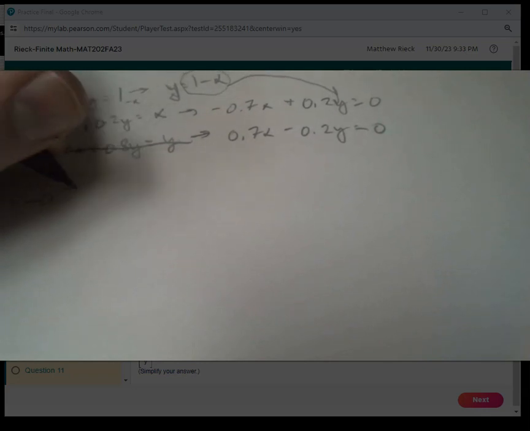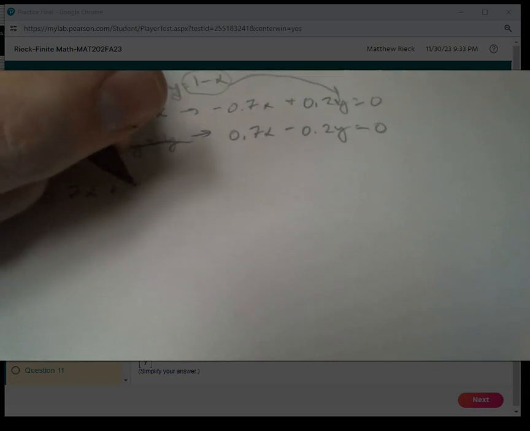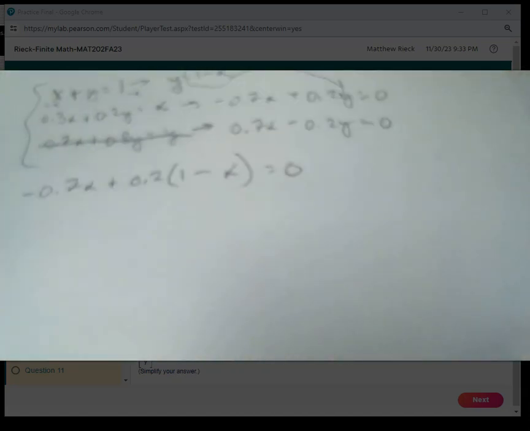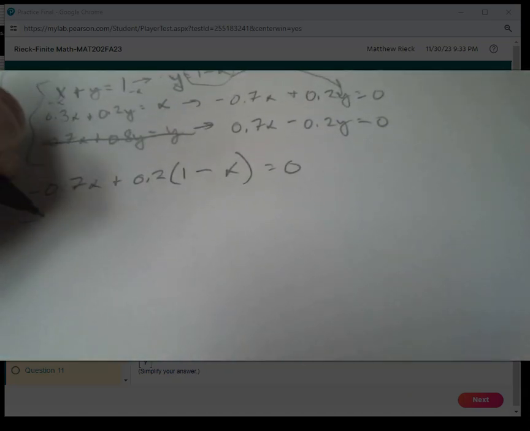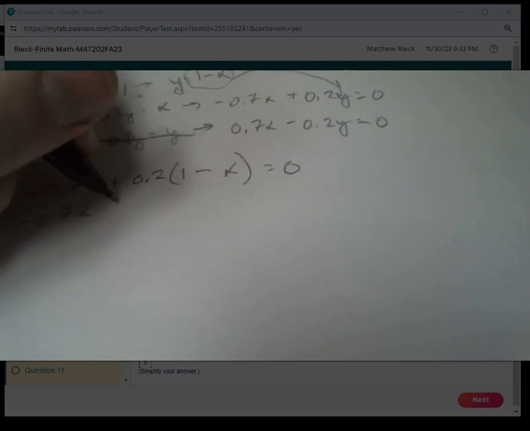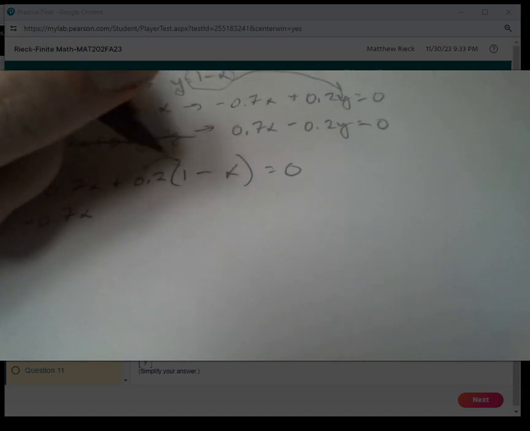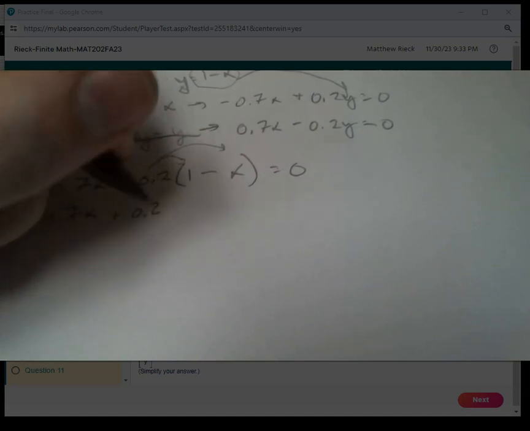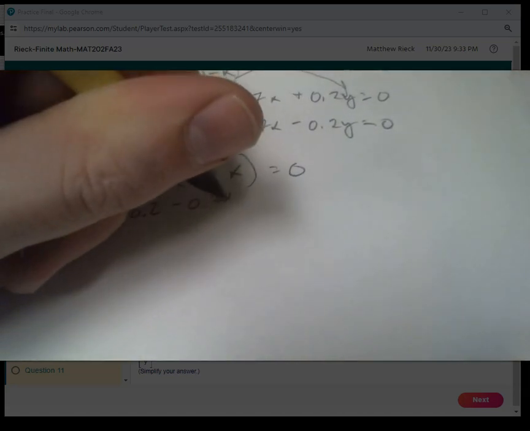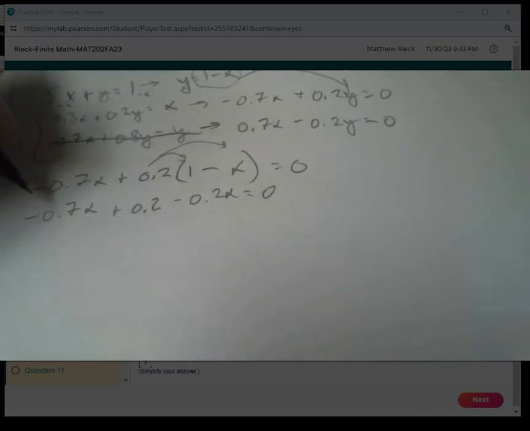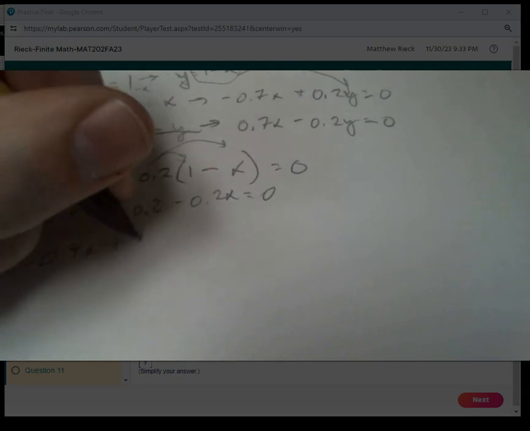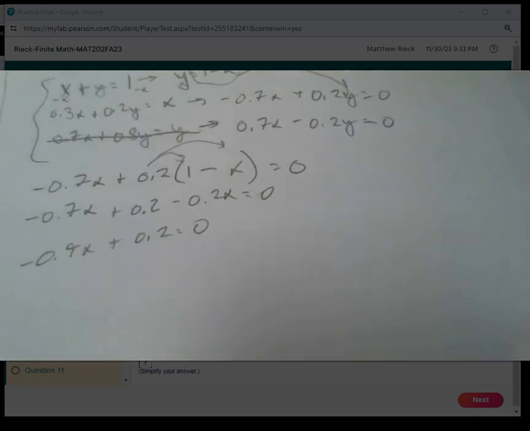So we have negative 0.7x plus 0.2 times 1 minus x equals 0. We can distribute the 0.2 through here. So you have plus 0.2 minus 0.2x equals 0. So you have negative 0.9x plus 0.2 equals 0.